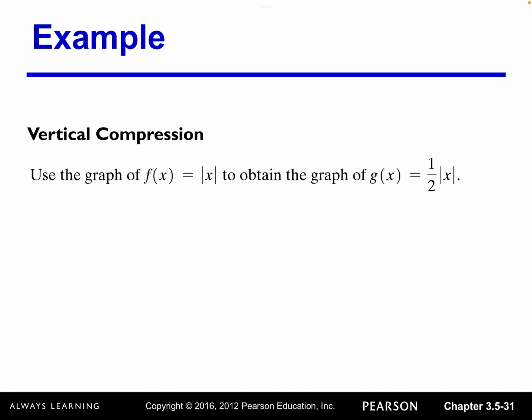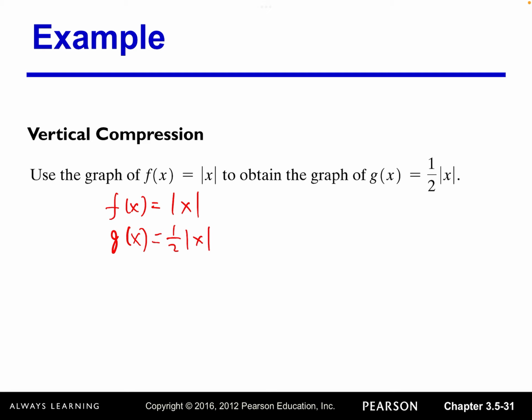What about compress? Let's see. f of x equals absolute value of x. This time the key function is the absolute value function. And g of x equals 1/2 of absolute value of x.